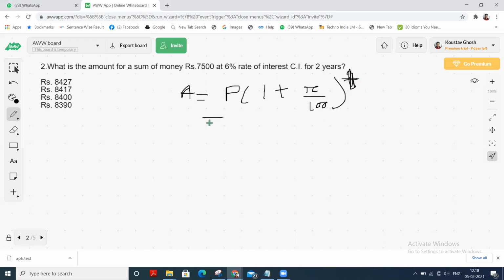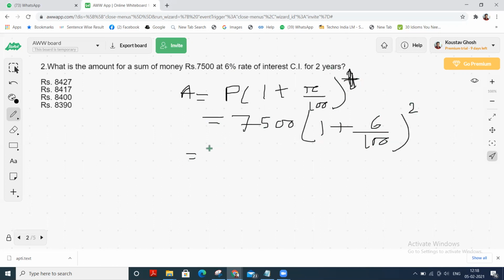Okay, so put the values. So principal is 7,500, then 1 plus rate of interest 6, so 6 by 100, to the power t equals 2.